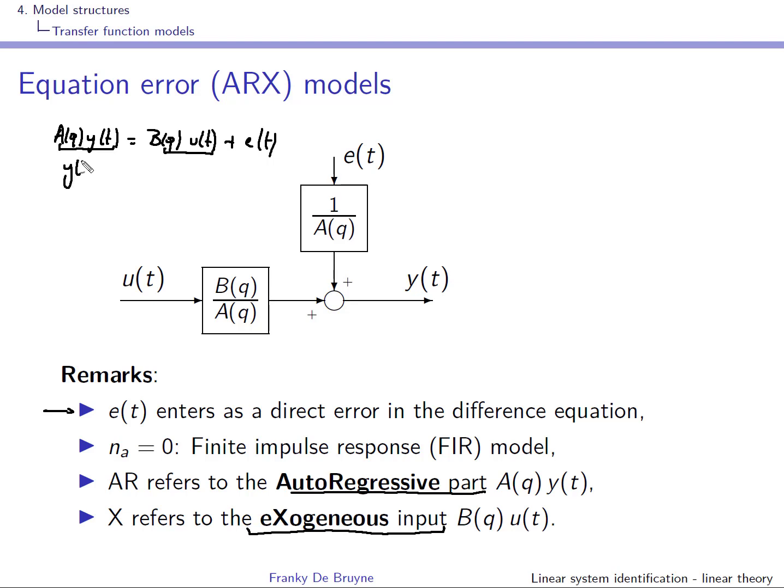So let us divide by the A polynomial, and then we obtain the deterministic part. So this is the input output transfer function, and the stochastic part, 1 over A(q) e(t), and this is v(t) here.